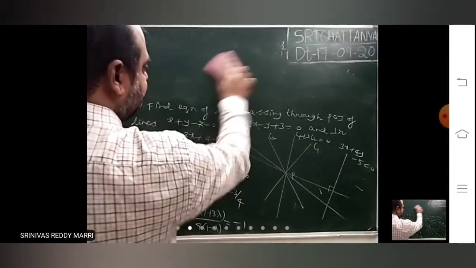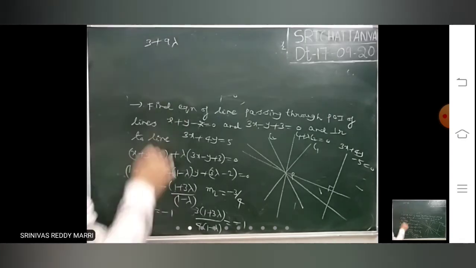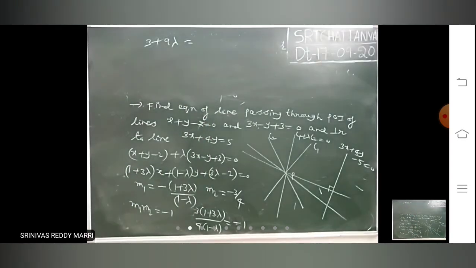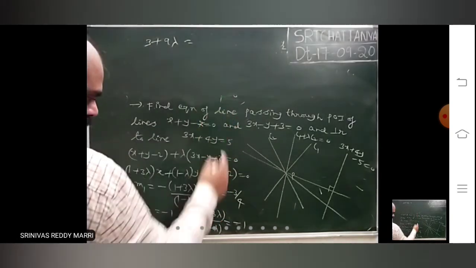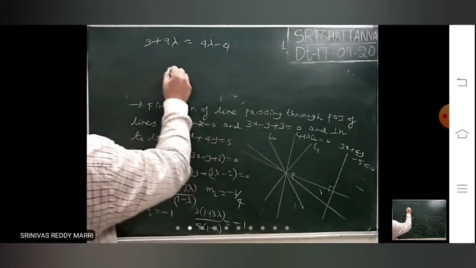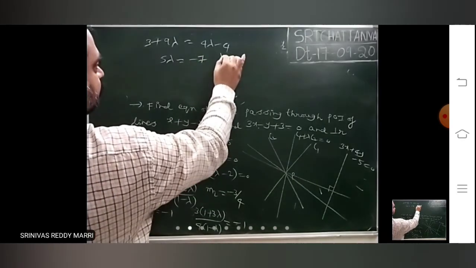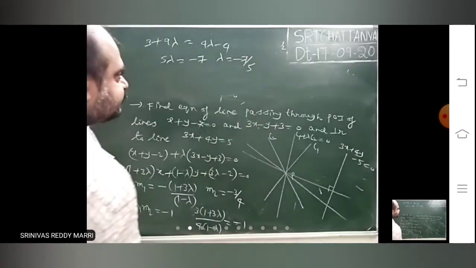So therefore, find the lambda. 3 plus 9 lambda equals 4 lambda minus 4. So 5 lambda equal to minus 7. So lambda is nothing but minus 7 by 5.